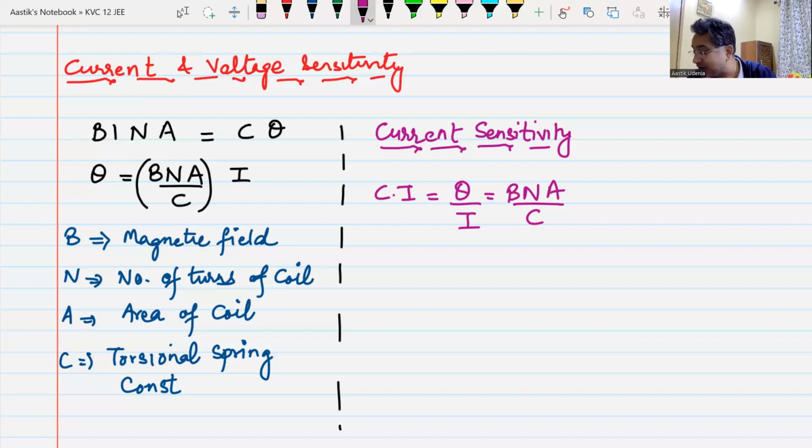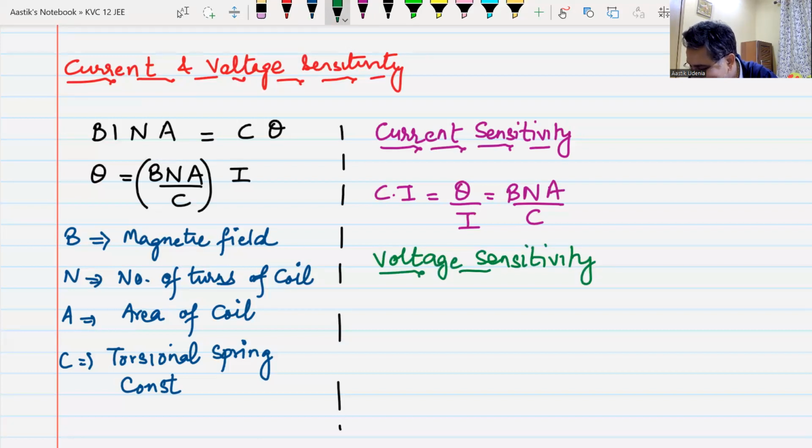Then the next thing is voltage sensitivity. What is voltage sensitivity? I've told you what is current sensitivity. Can you tell me what would be voltage sensitivity? No one knows it.